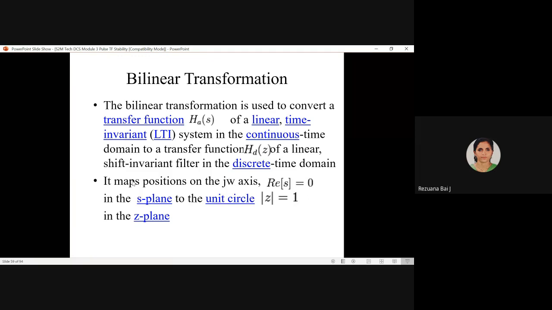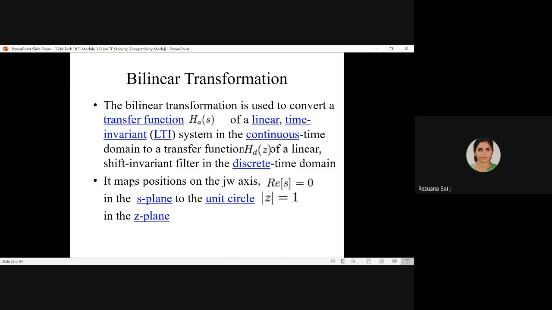It can be vice versa also. The only condition to be satisfied for bilinear transformation is that in the time domain it should be linear time invariant, and in the Z domain, or the discrete domain, it should be linear shift invariant.